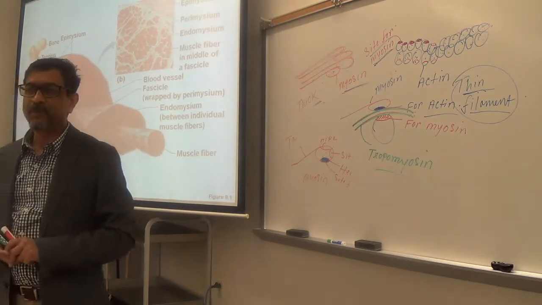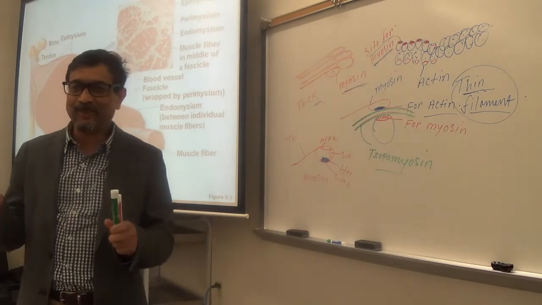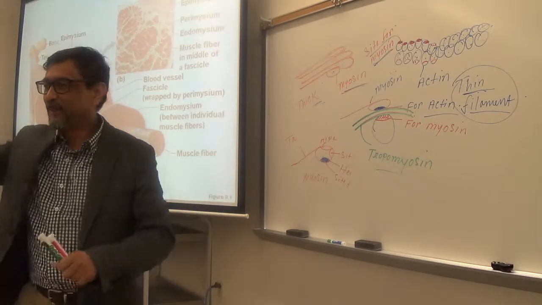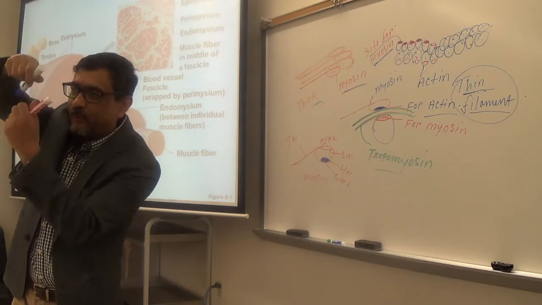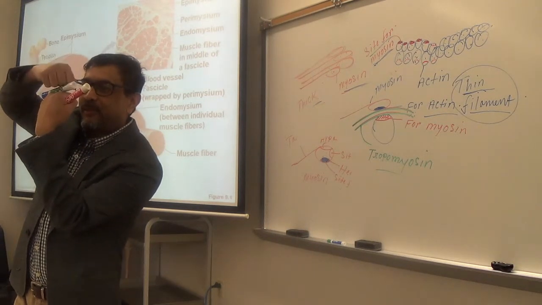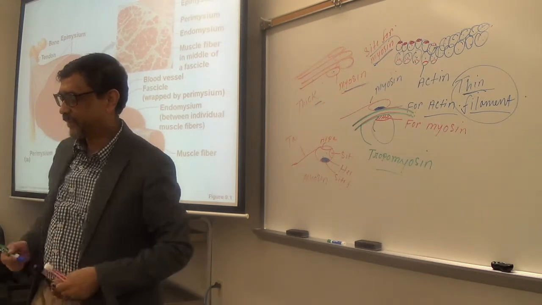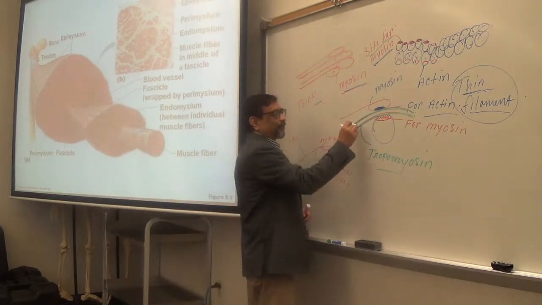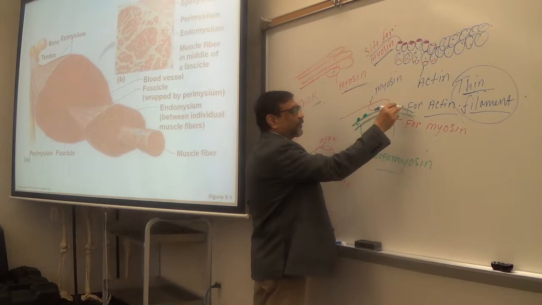It's like a boy loves a girl, okay, and somebody is in between, preventing them, keeping them away. So the myosin head is this, right, and the actin ball is this. But who is separating them? Tropomyosin, that rope-like structure that is covering the actins. Okay. So on the tropomyosin, this is the last protein structure you need to know.